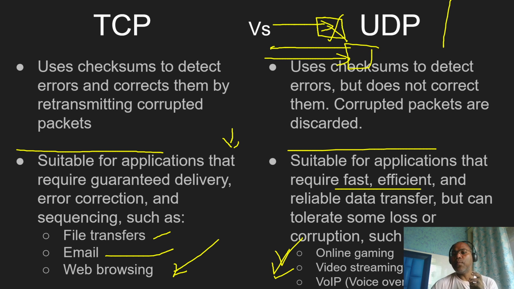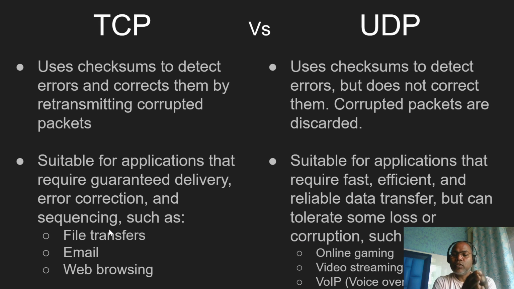So timing is very important. Without time there is no value. If particular data is not on time, there is no value after some later time. So for those applications where the data is only valid at a particular time, UDP is the best.